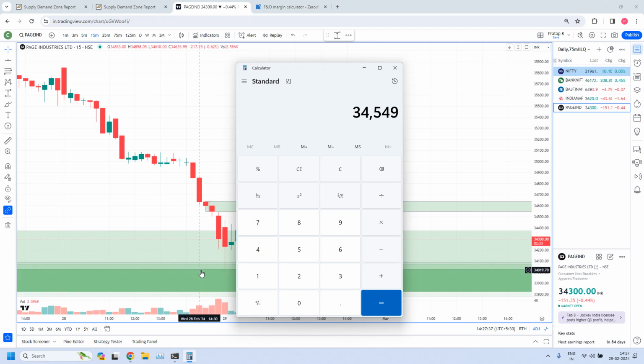The entry at this zone, approximately the entry is 34,021 or 23 rupees, let us say. 34,023.